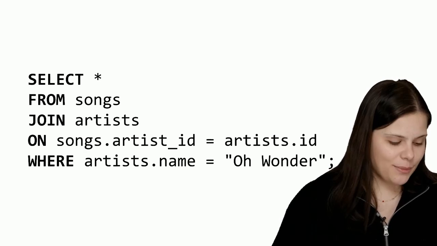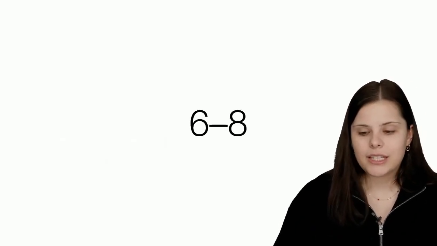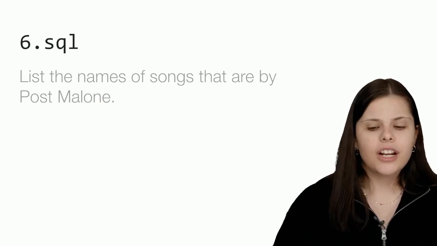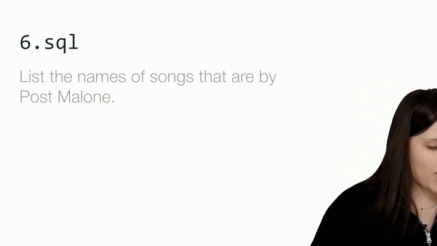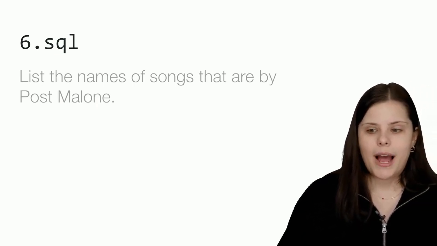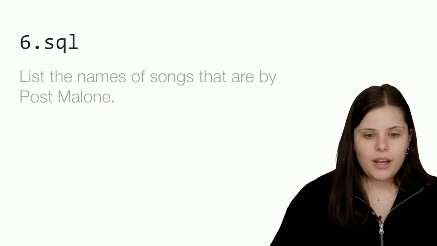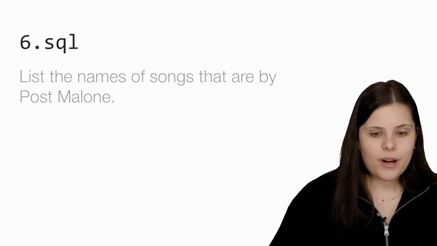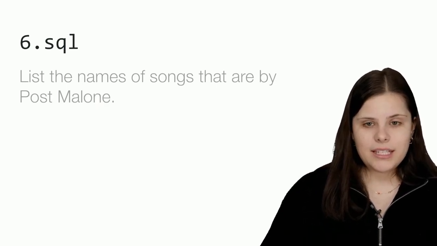Okay, let's see some examples, and I'm sure we'll have more questions after this, but let's consider the sixth query where we want to list the names of the songs that are by Post Malone. How might we want to go about that?